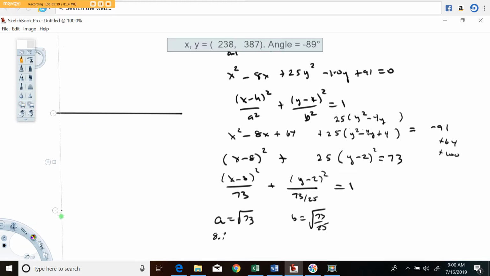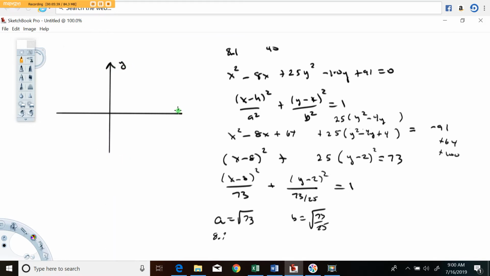Sorry about that. I did not realize this wasn't going to have nice, pretty numbers. There, no axis, which gives me a little freedom here. This ellipse is centered at the point (8, 2).